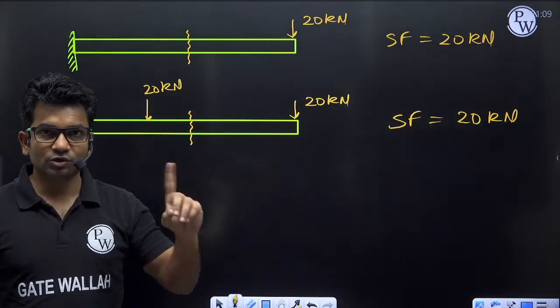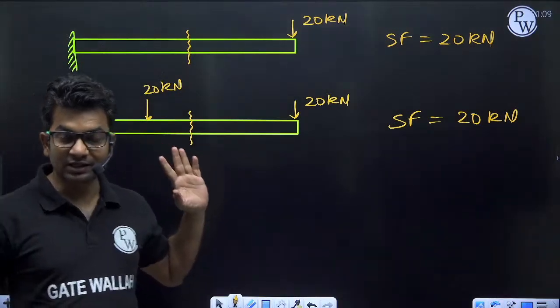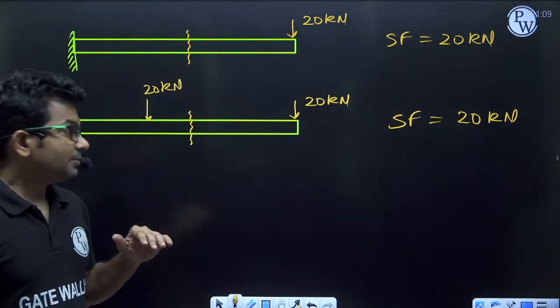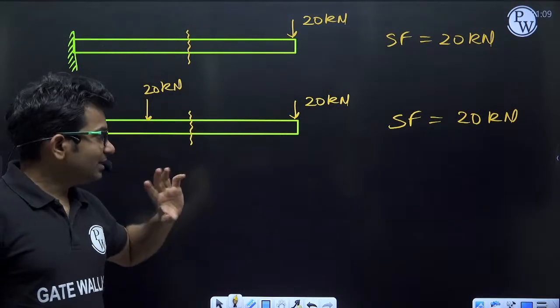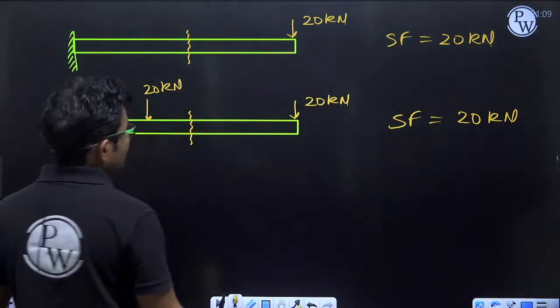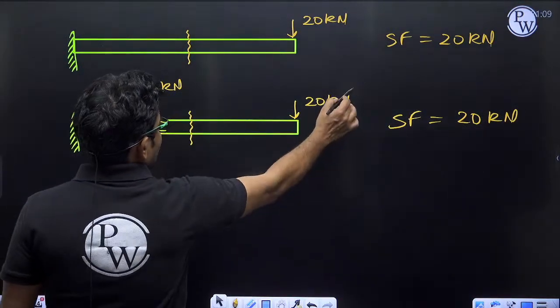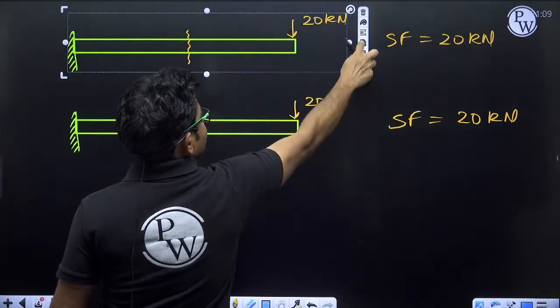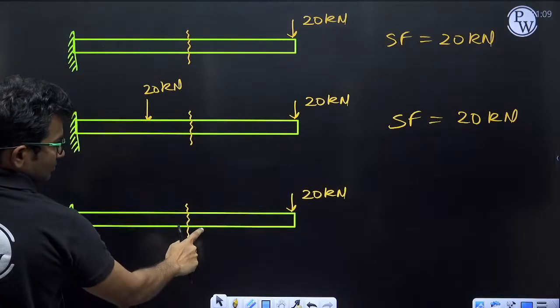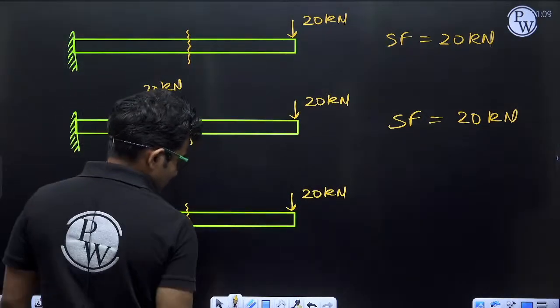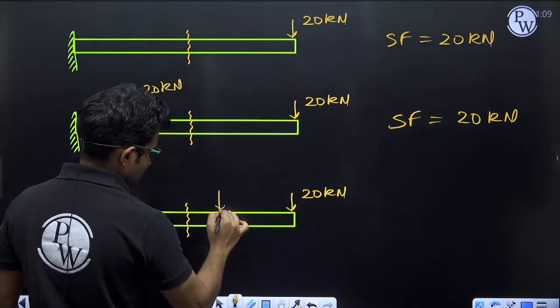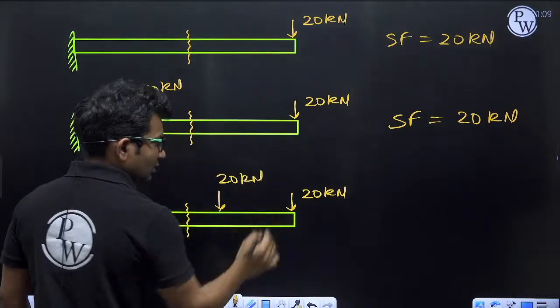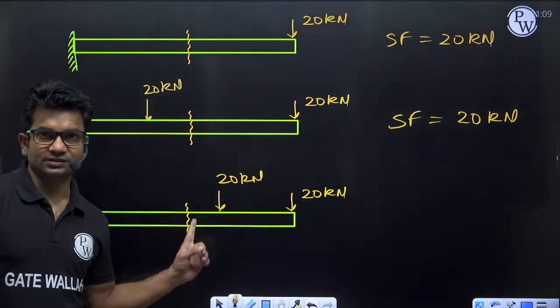There is no multiplication of distance in shear force. Is it clear? So in this case it is 20 kilonewton. Now, what about this case? What is the value of shear force at this section?